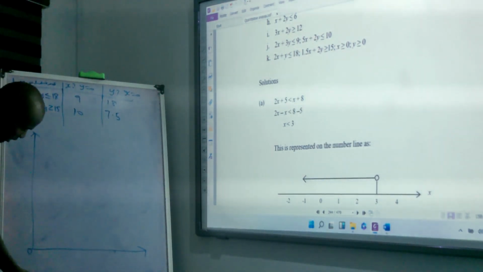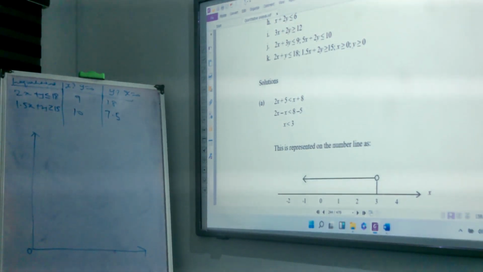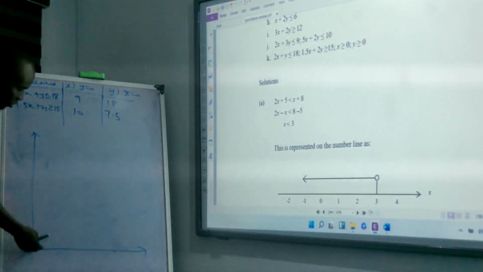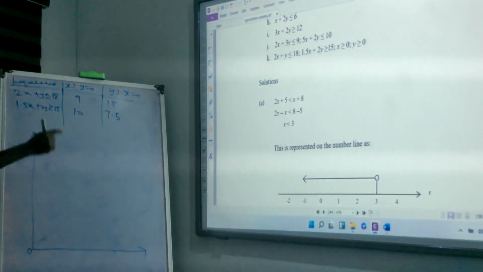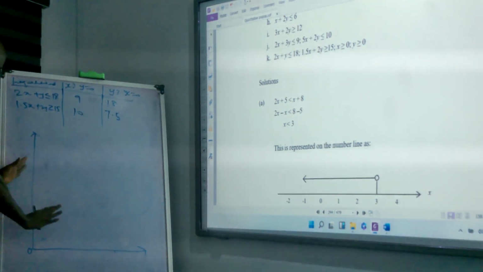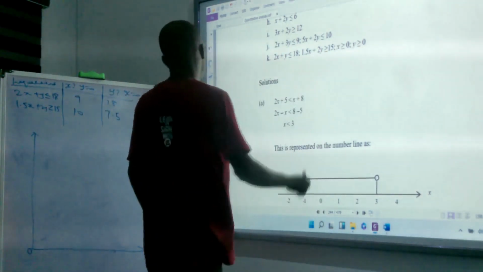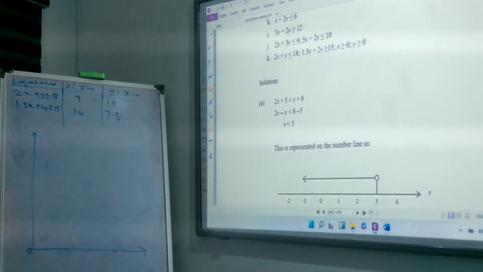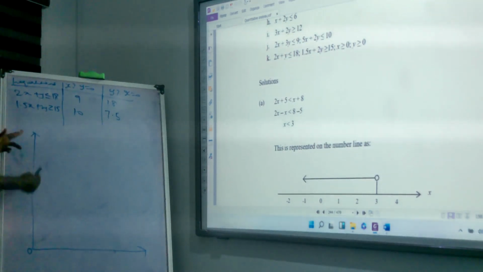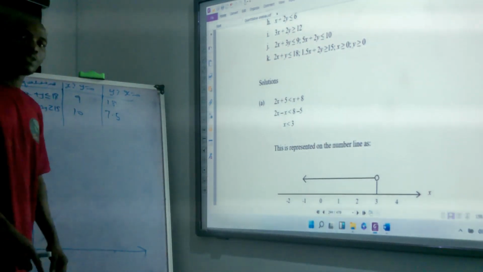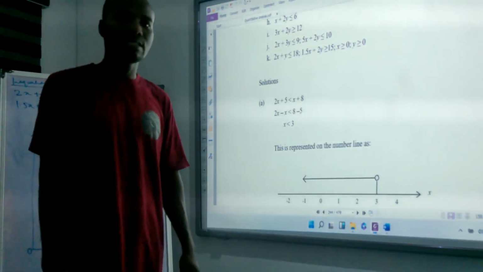No negative for y down, no negative for x, because x is greater than or equal to 0. From 0 like this, positive only, y is greater than or equal to 0. So with this graph, I've answered these two inequalities. Now let's draw the remaining two. In linear programming, we call that a non-negativity constraint. It is a constraint.